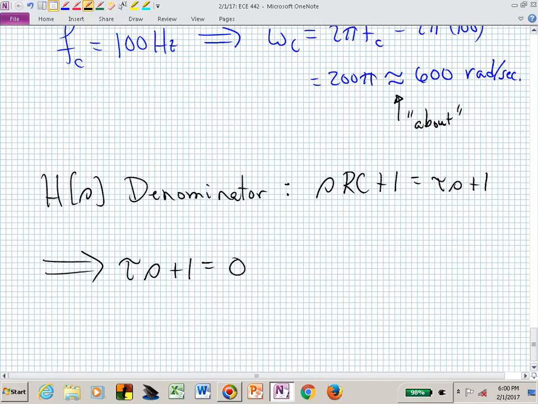Or we now need to select tau such that this expression has a root when s is equal to minus 600. This now says s is equal to minus 1 over tau. And to have this 100 hertz bandwidth, approximately, we need s to be minus 600. We need to have a pole at that location in this first order transfer function.